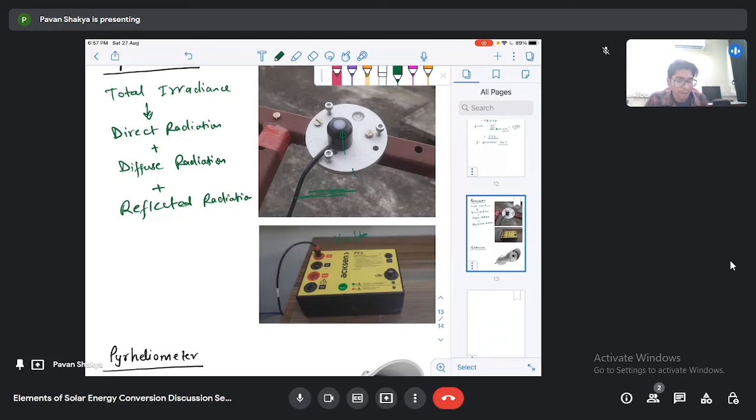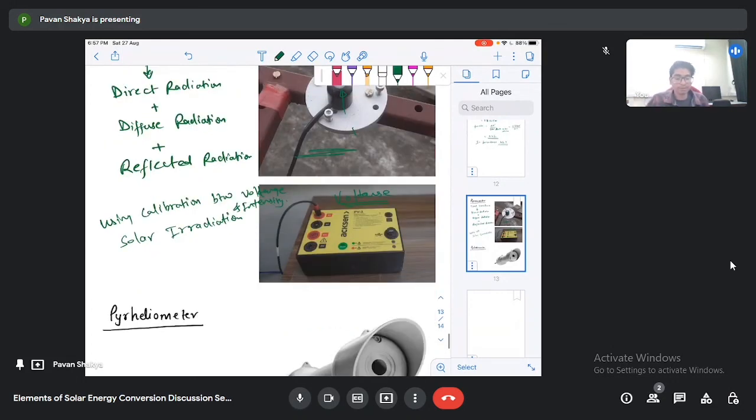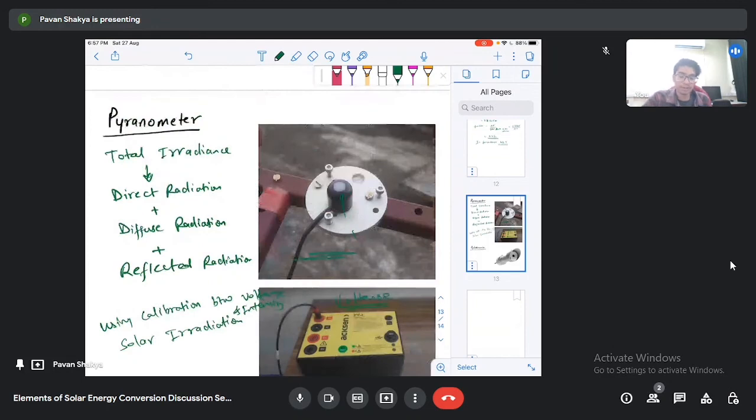Then, using the calibration between voltage and intensity, you can easily calculate the solar irradiation. So this is our first instrument that is used to measure the total irradiance.